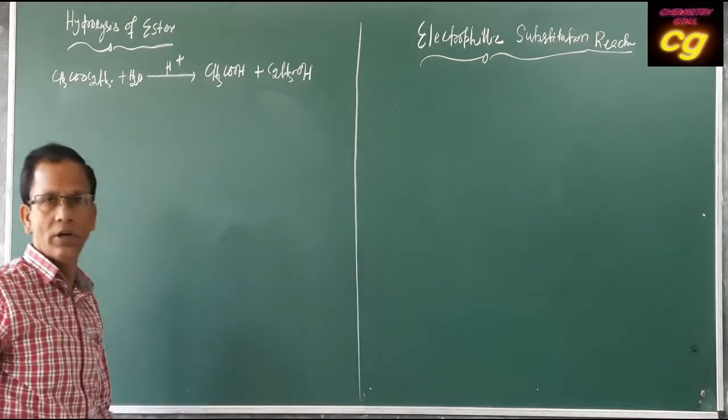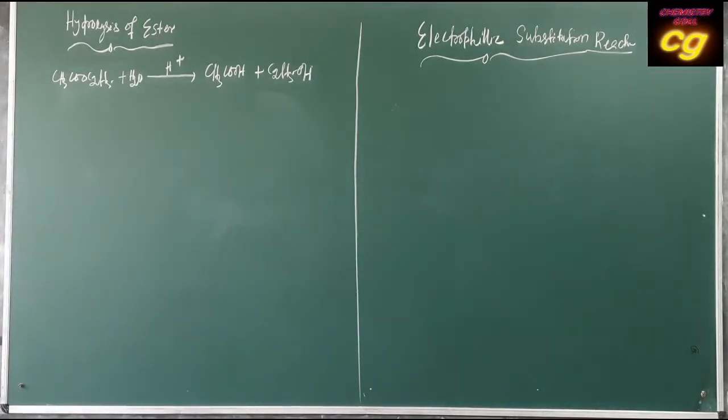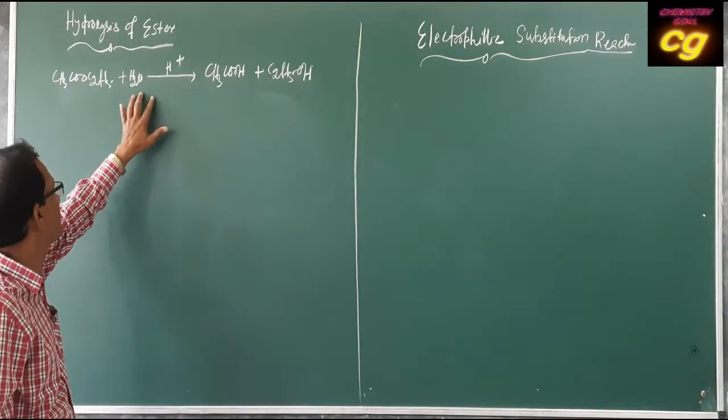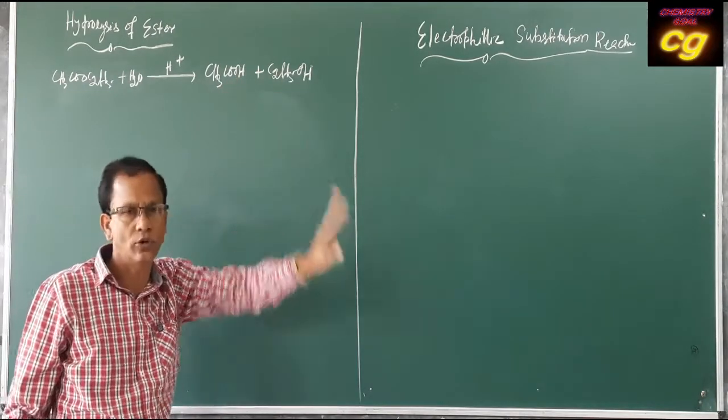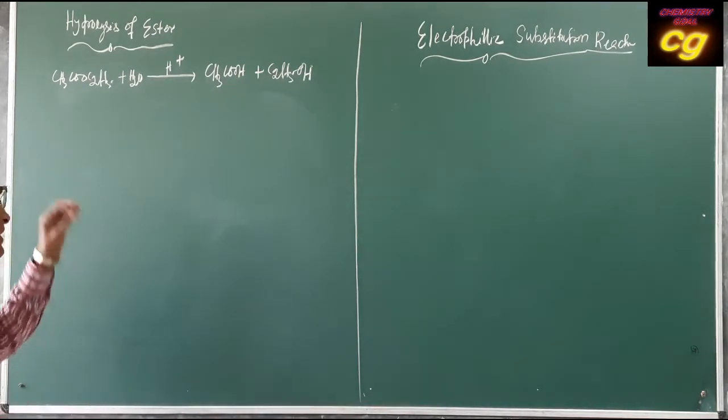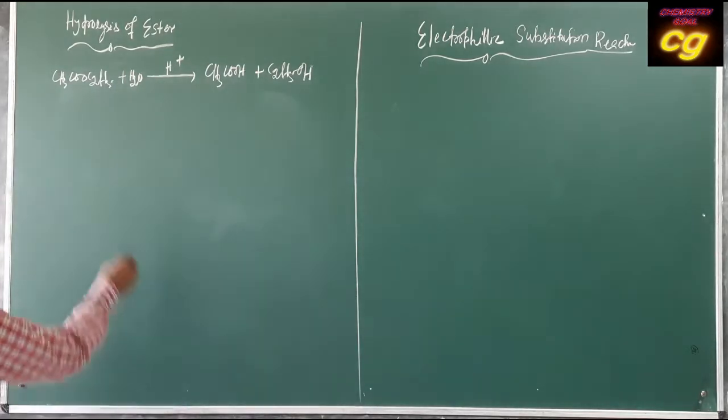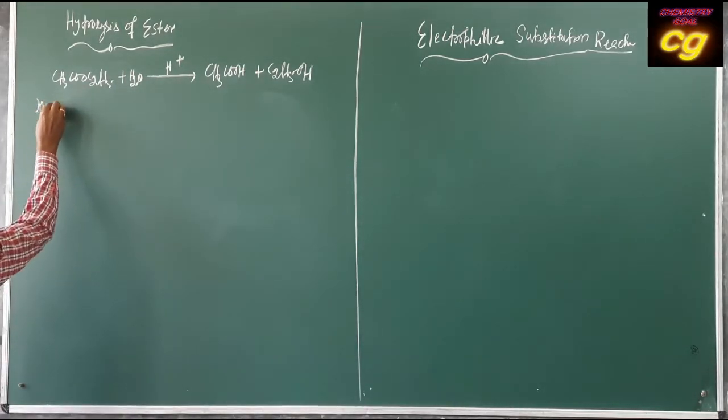This is called hydrolysis of ester, that is called acid hydrolysis. In presence of acid and water, ester hydrolyzes to carboxylic acid and alcohol. What is the mechanism? The mechanism is same as your esterification. The mechanism is like this.